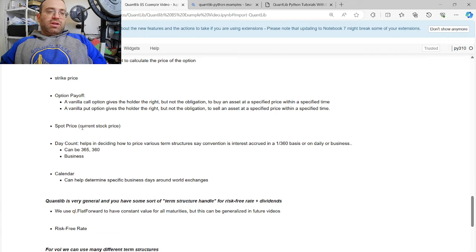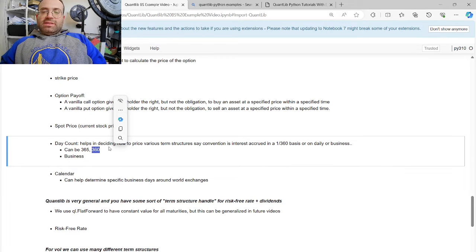Okay, so there's another interesting thing called day count that you need to know. This tells you how we're planning on modeling things. Basically for interest rates, they accrue every day, right? So that's why 365 makes sense. But there's some places where they actually accrue it on a 360-day level.